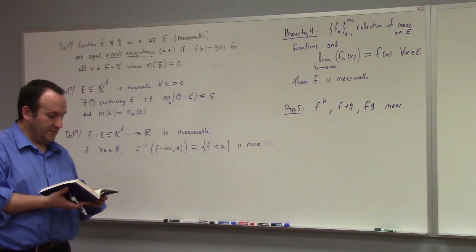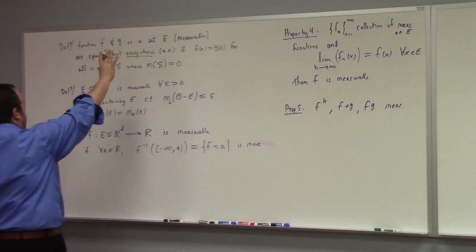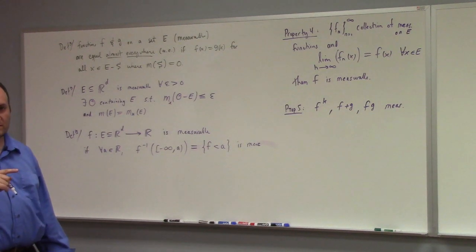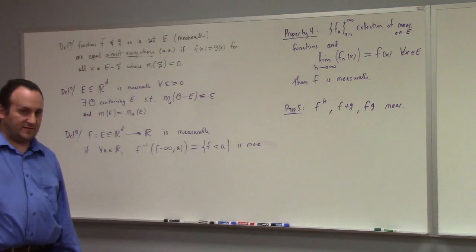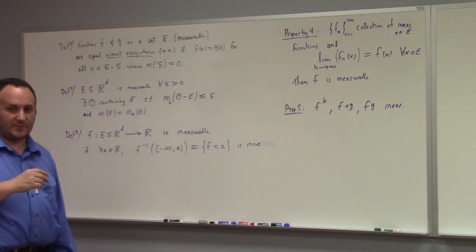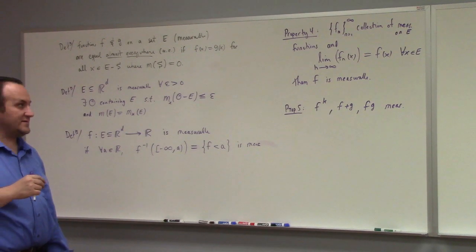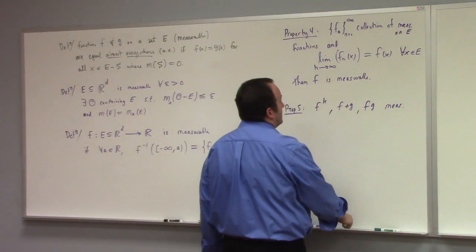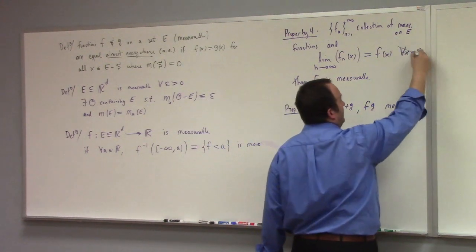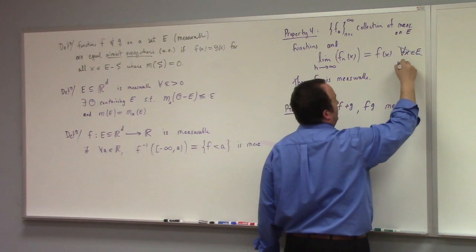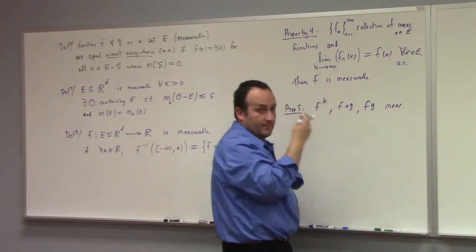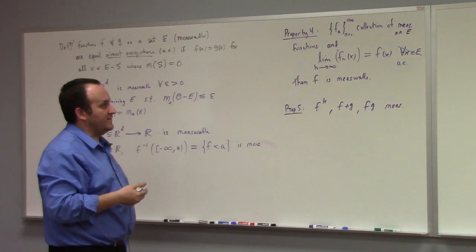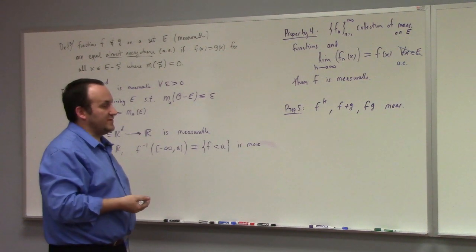But then he follows up here after he defines almost everywhere. He's like, but by the way, all the properties of measurable functions, I've stated them as if they have to hold for all x, but all of these statements can be weakened. In fact, property 4, you could cross this out, and you could say almost everywhere. So if the limit of f_n of x is equal to f of x almost everywhere, it follows that f is measurable.